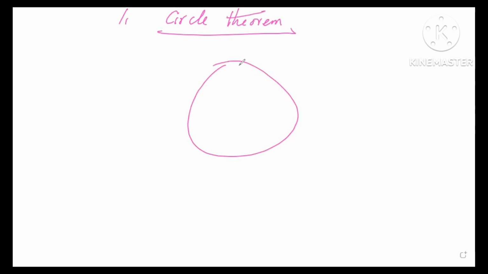So let me just try to sketch it if I'm able to. Don't mind about the circle. So we are talking about the circle theorem. Okay, so we have got a circle, though the drawing is something else.